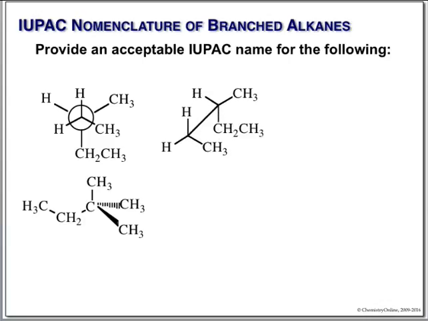If we drew this as a sawhorse, it would look like this. Here's our front carbon, 2 hydrogens, and a methyl. There's our big back carbon here, our CH2, CH3, and another methyl. So what's our longest chain? Looks to me like it's going to be 1, 2, 3, 4, and 5.